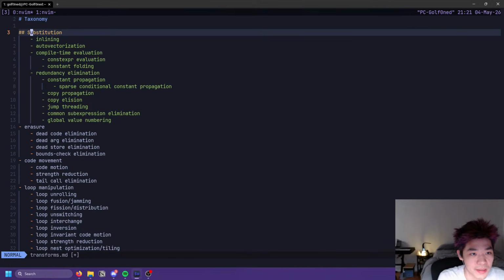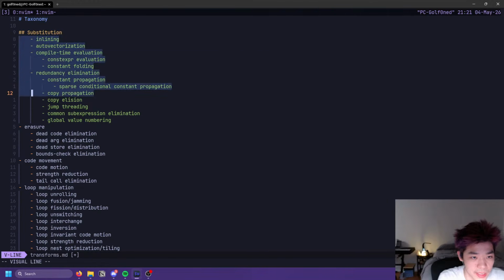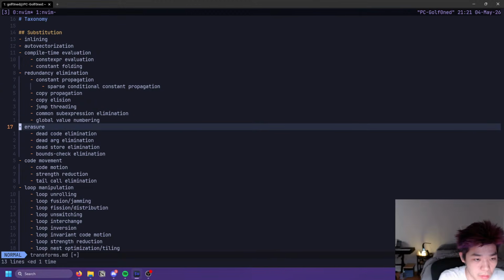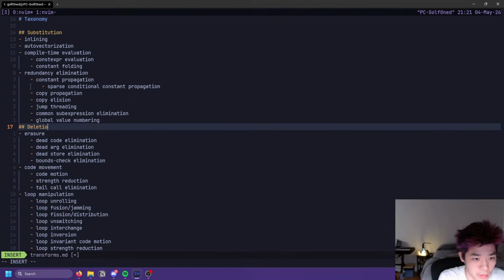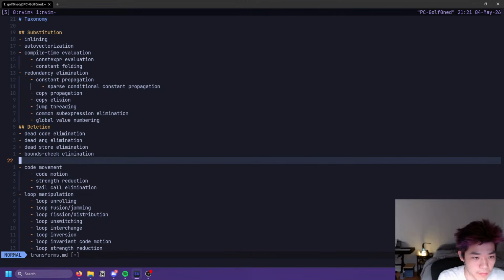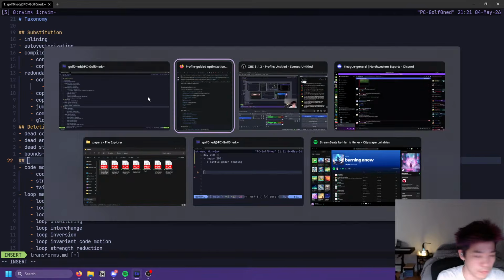Yeah, so we can categorize it as such, I guess. We'll rename some things. I don't really know what to call code movement, actually.